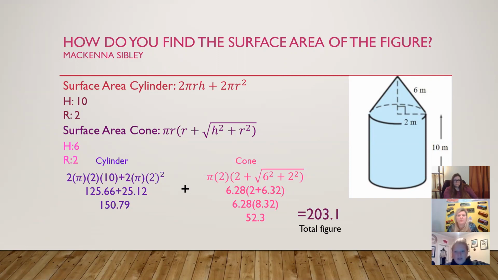You plug in the R, and then you take H, which for the cone is 6 and for the cylinder is 10, and you solve for each shape and then add them together to get the total figure. So you figured a different amount for each one and then added them together. Yes, that makes sense. Okay, thank you.